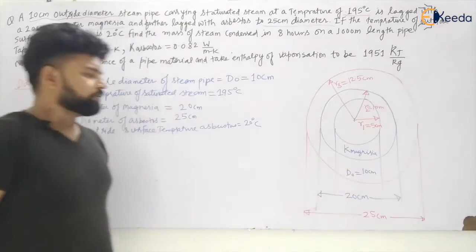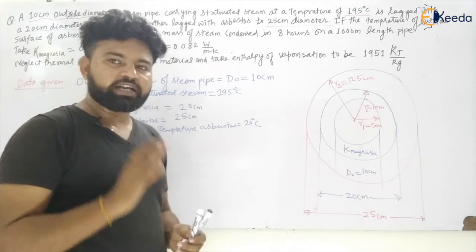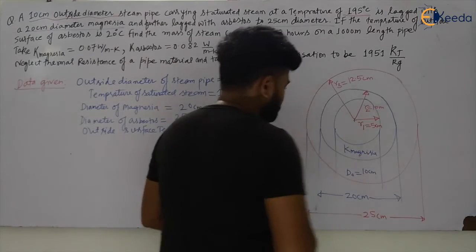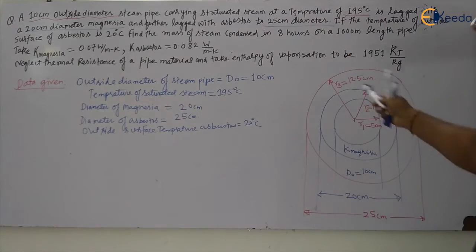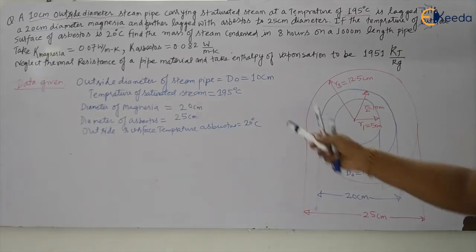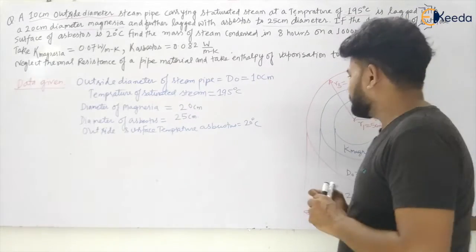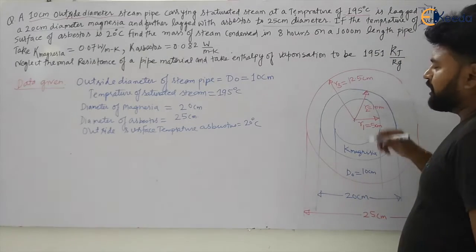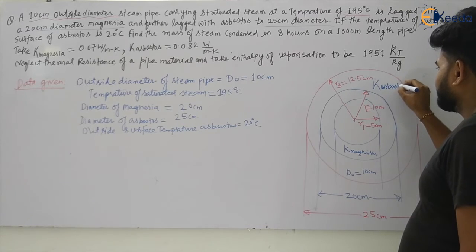So this will be 12.5 centimeter, and the conductivity of each and every insulation is given. So they have given the K magnesia, my dear students. And K asbestos is the outside one.